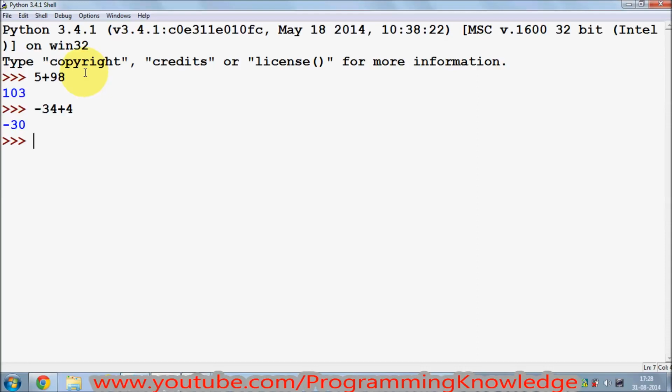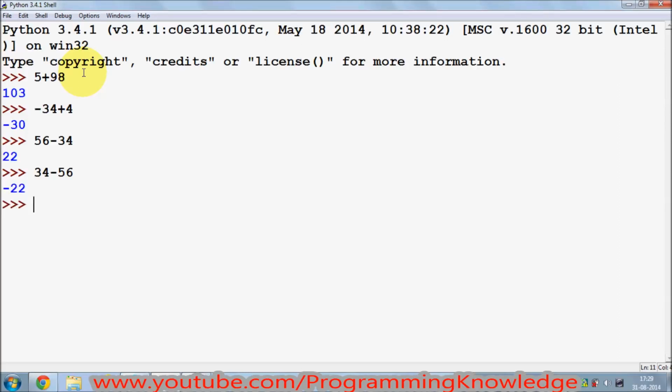In the same way you can do subtraction. 56 minus 34, it will give you the answer, and it will also give you a negative value if you provide a value such as 34 minus 56.